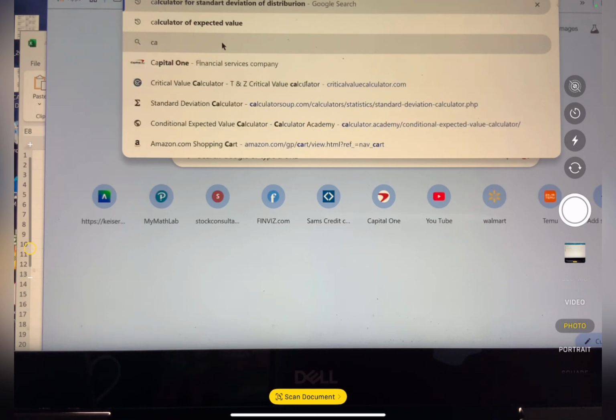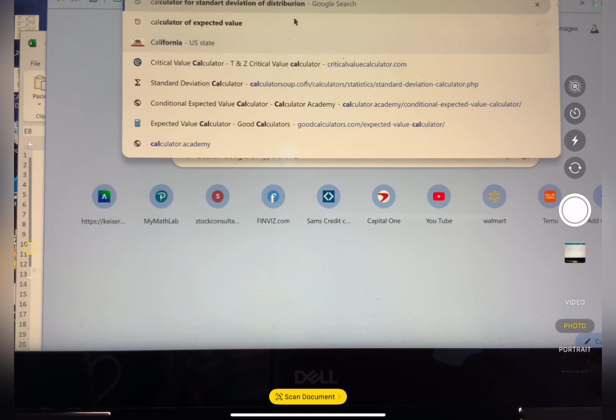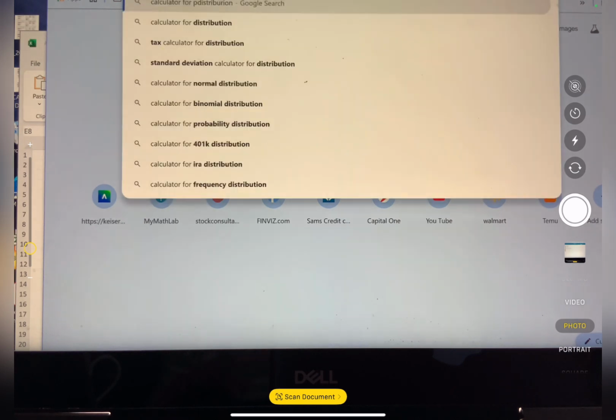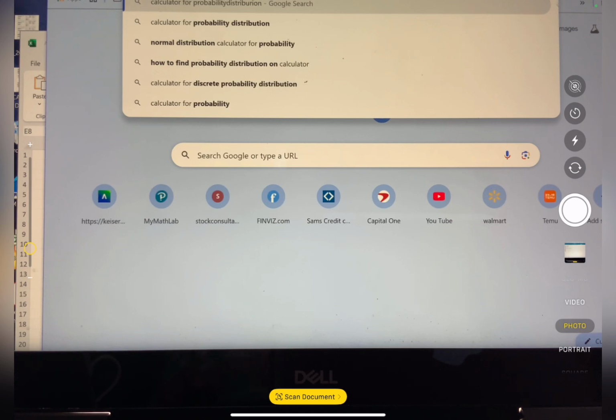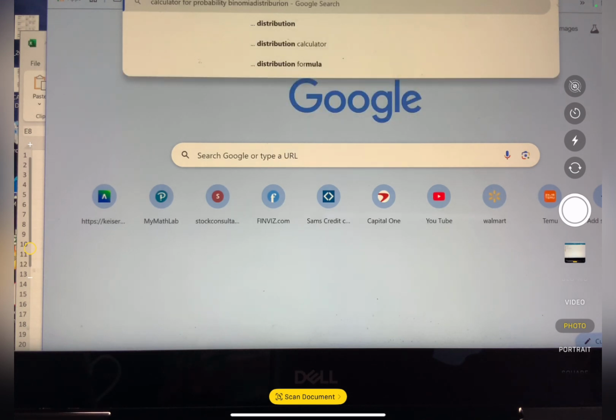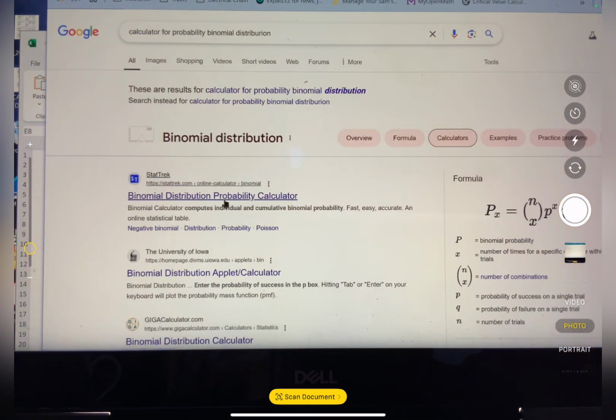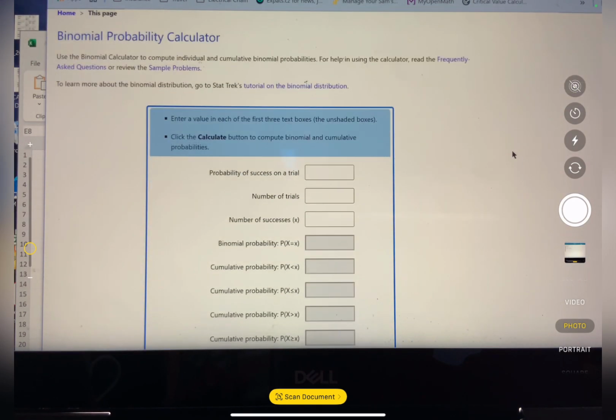This is a calculator for probability, binomial distribution. Okay, we can use this one.